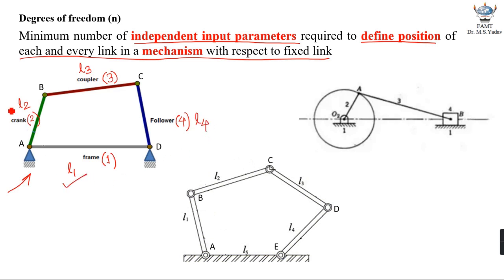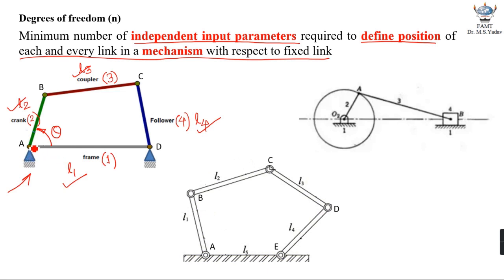Now all these L1, L2, L3 and L4 are given to you, and if it is asked to you to determine position of crank, coupler and follower with respect to frame, then you will be in need of one input parameter, which is, let us say, this angle theta, to redraw this particular figure and to get position of each and every link with respect to link AD.